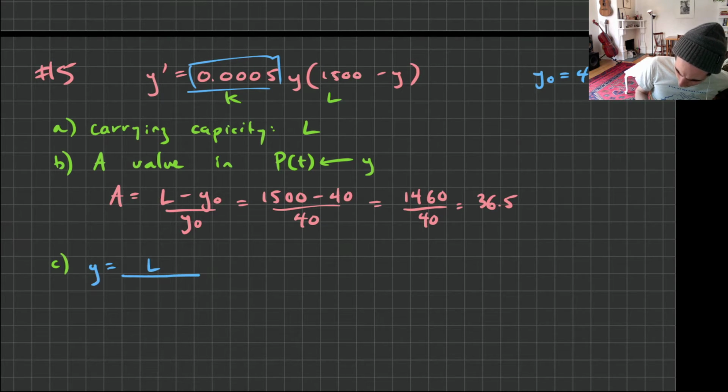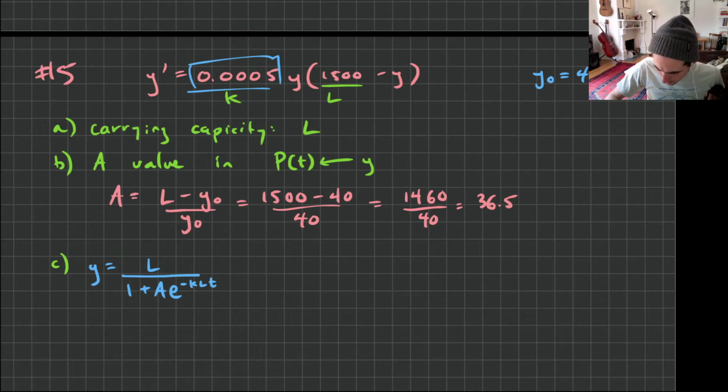It's still going to be L over 1 plus A times e to the minus k times L times t. The only difference is that we have to make sure we have this L in the exponent of e. So when I do that, my limit is 1500.